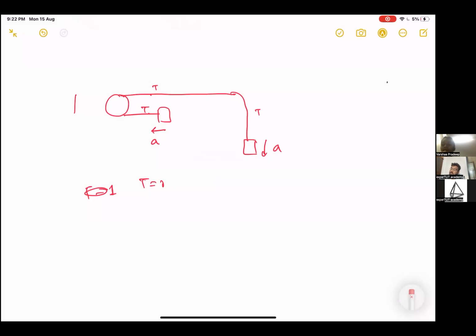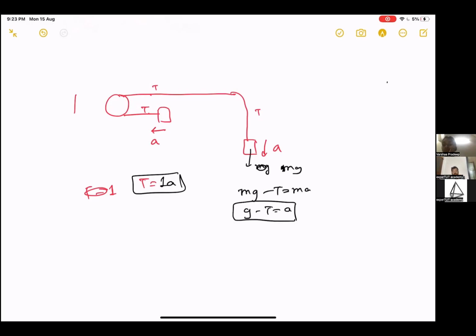So T is equal to 1A, you will write for the first block. For the second block, no friction. Second block नीचे की तरफ है इसका 1 mg. Second block लिखोगे mg minus T is equal to ma. So g minus T is equal to a because m is 1. Okay, I think I can do it from here.